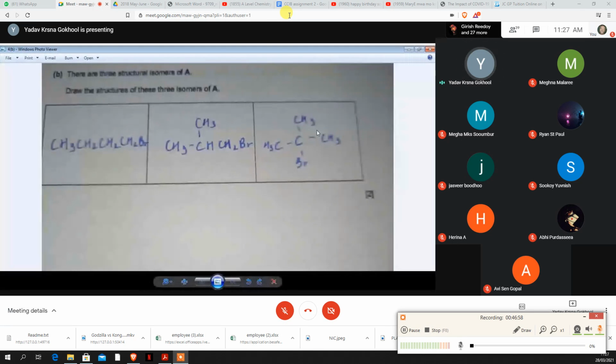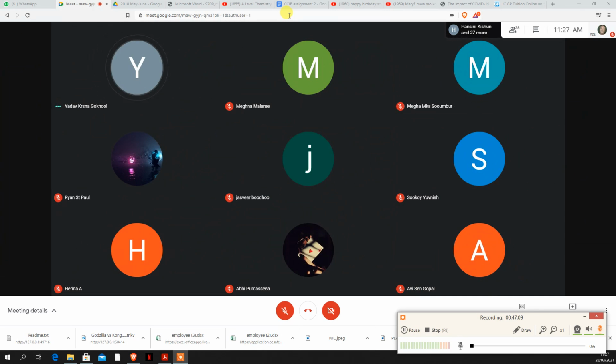And the third one, 1, 2, 3. So 2-methyl-2-bromopropane.